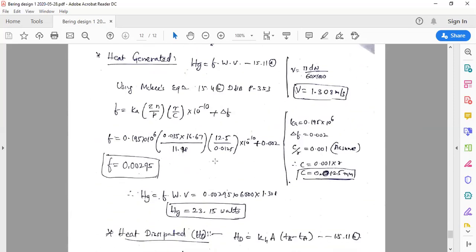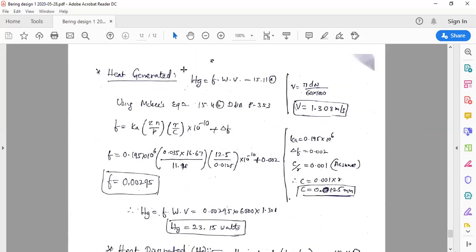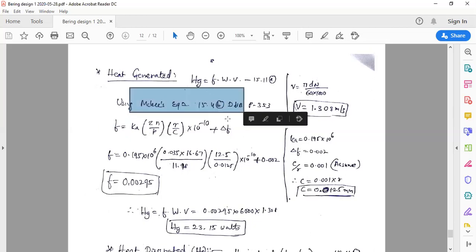The next step is to calculate the heat generated. So heat generated is given by F into W into V, that is equation number 15.11a. So V is pi D N by 60 into 1000, that is 1.308 meter per second. And F, that is coefficient of friction, by using McKee's equation 15.4b of page number 353 of Mahadevan data handbook. So substitute all the values as we have already discussed about K a 1.195 into 10 raised to 6.